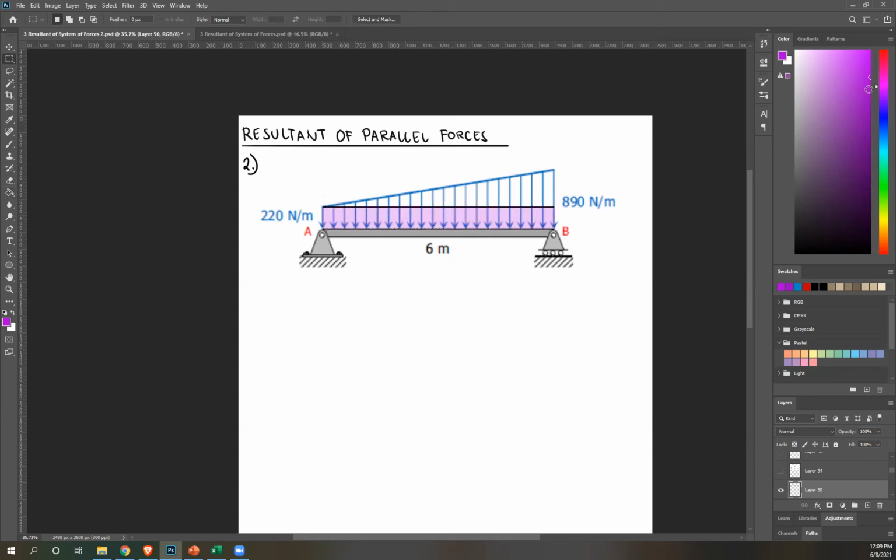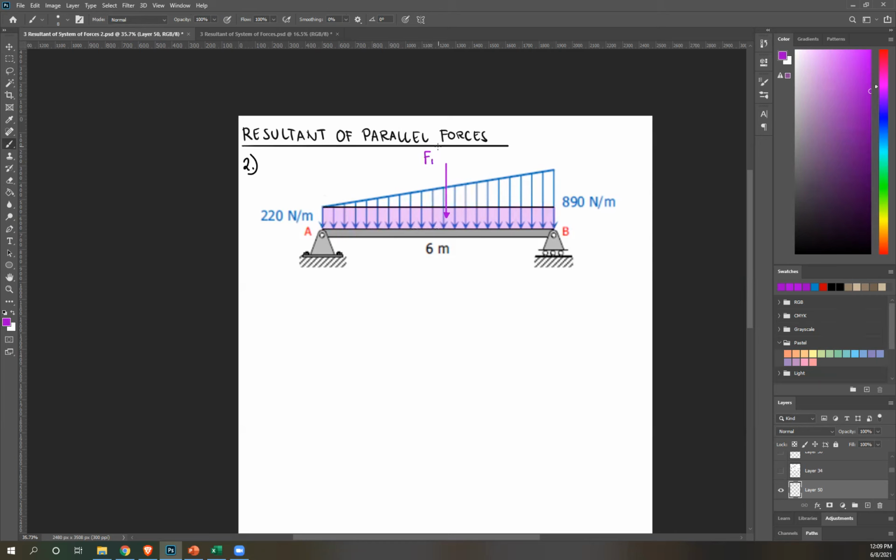We know that the position of the resultant of a rectangular load diagram is right at its center. So it's somewhere here. We can call that F1, the point load of your rectangular load diagram.